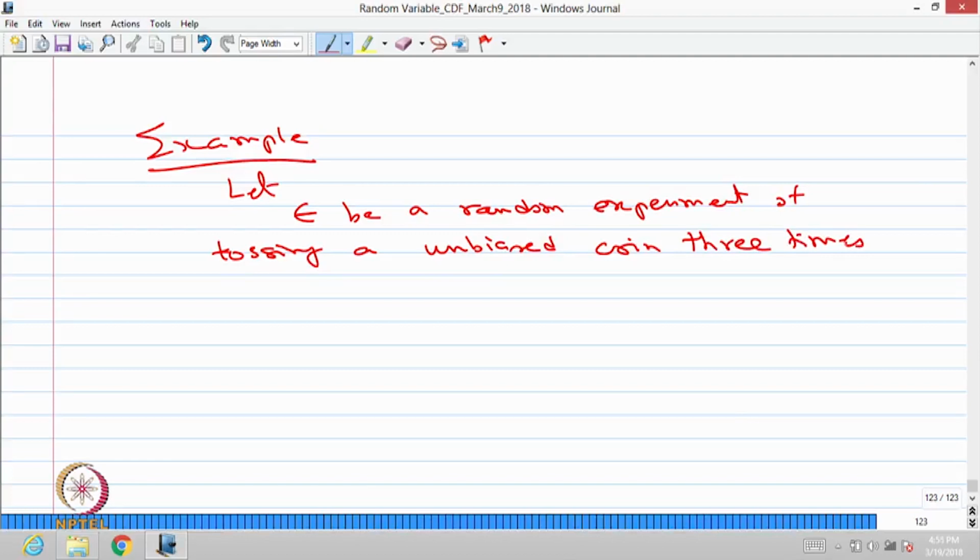The random experiment is tossing an unbiased coin three times.